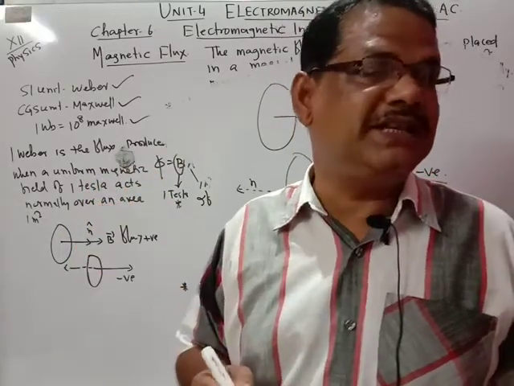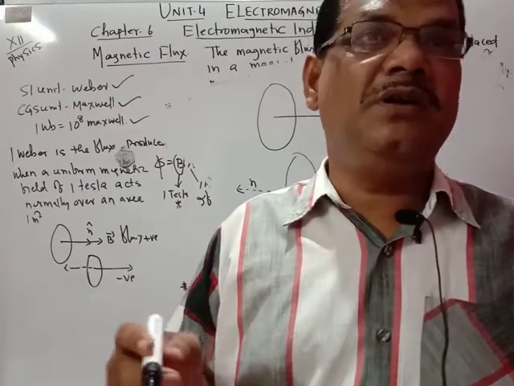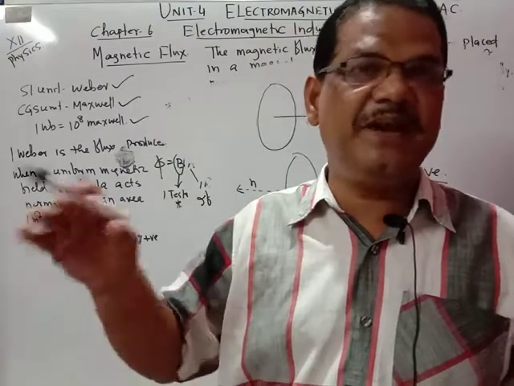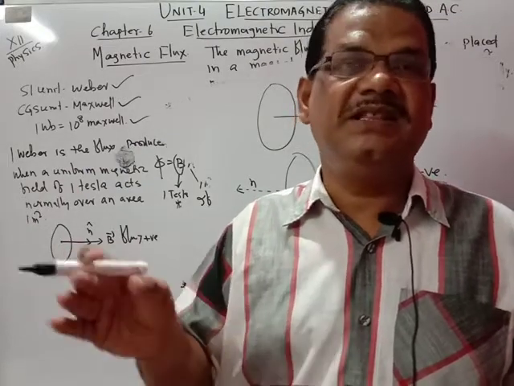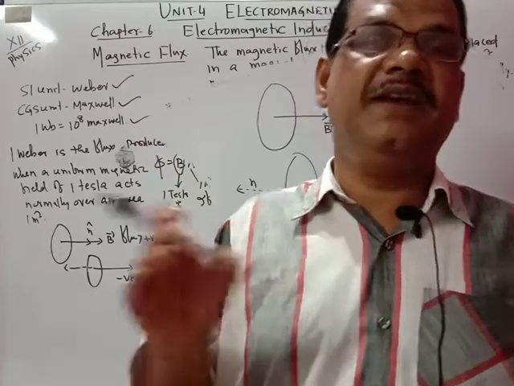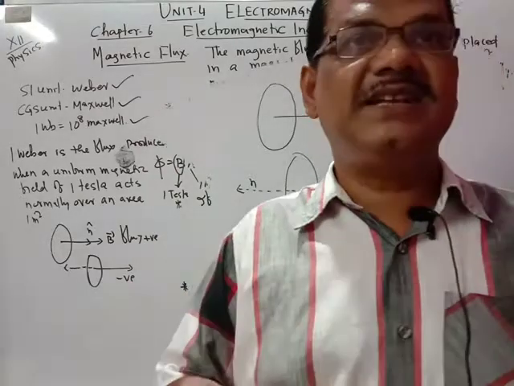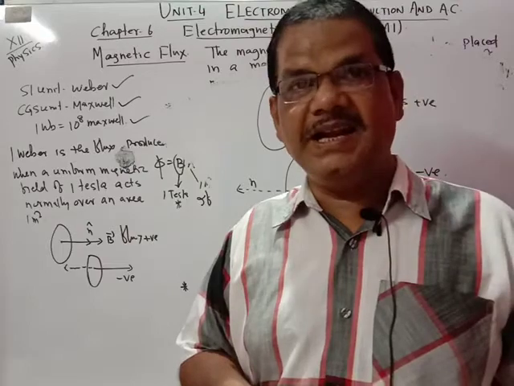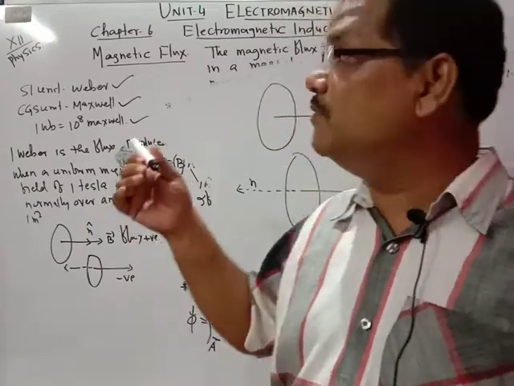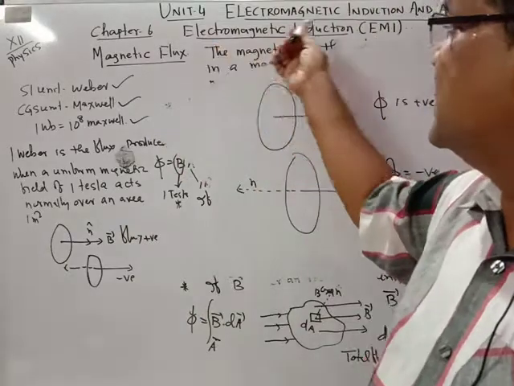We can produce the electric current due to the varying magnetic field linked to the surface. Varying magnetic field means the magnetic flux should be varied, and that change in magnetic flux should be linking to the surface area. In that case we can produce the induced current. That is why the chapter deals with electromagnetic induction.